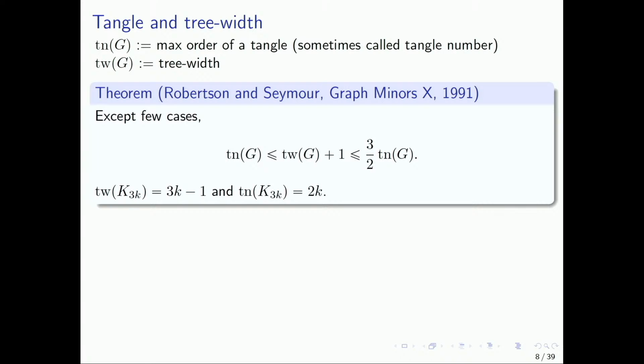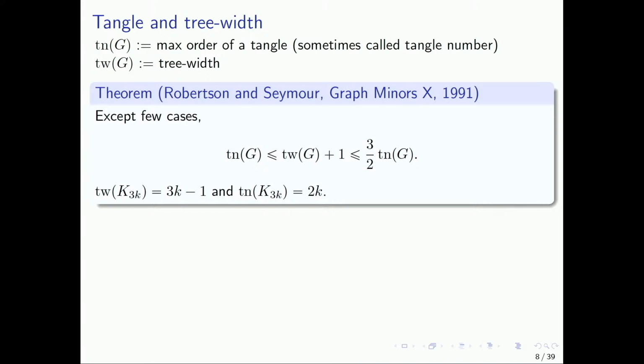I don't want to define tree-width. Robertson and Seymour, at the beginning of the paper, proved that tree-width plus 1 is at least the tangle number, and at most 3 times the tangle number over 2. The right-hand side is tight because of the complete graphs that I explained. Also the left-hand side is tight.